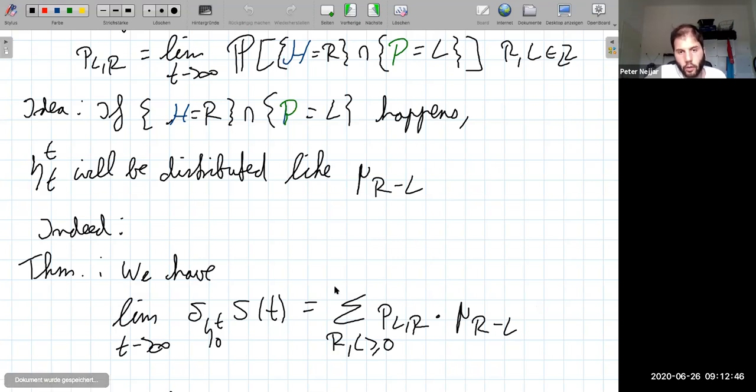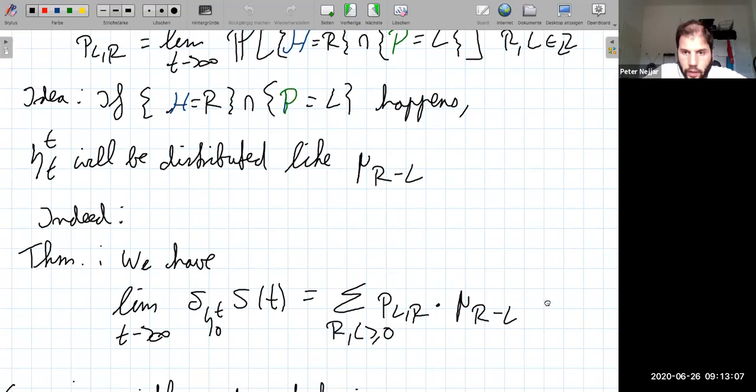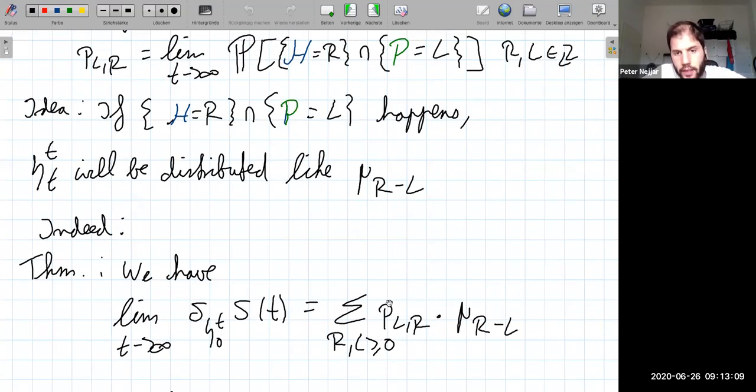So it's going to be distributed as the sum over all non-negative integers R and L of P_LR times the conditioned product blocking measure mu R minus L. Okay? So what this means is that with probability P_LR, I kind of pick the state space omega R minus L.